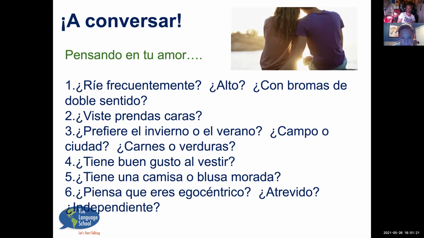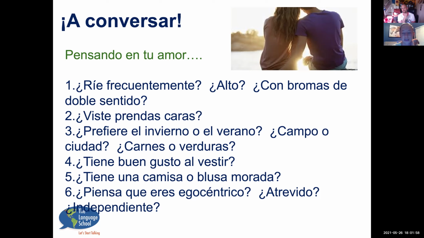¿Él piensa que tú eres egocéntrica? No. Puede decir, espero que no. That's like saying, hopefully not. Unfortunately, the second part requires the subjunctive, so it'd be a little different.